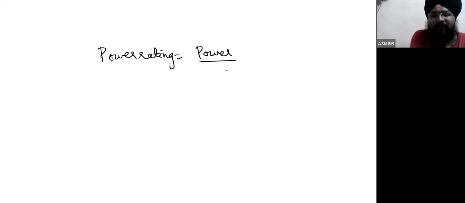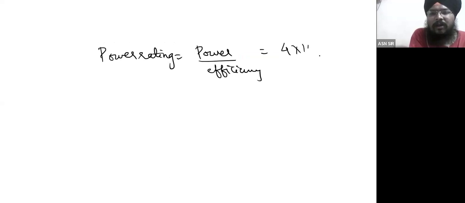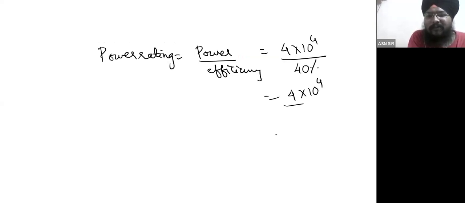Power is 4 into 10 raised to 4. Efficiency is given as 40%. 40% I can write as 0.4, so 4 into 10 raised to 4 divided by 0.4. When you solve this, you get 100 kilowatt as the power rating.